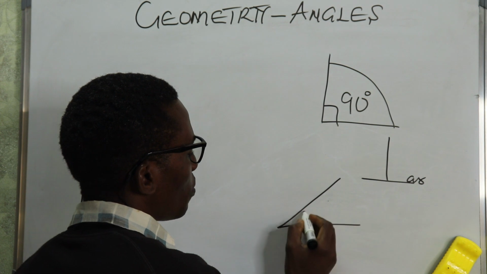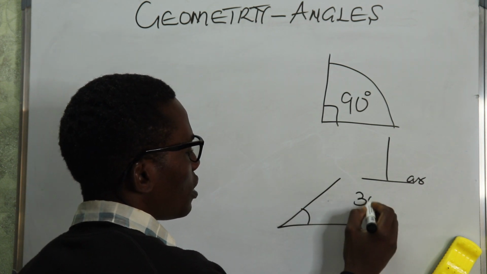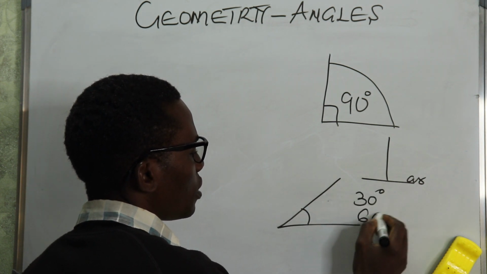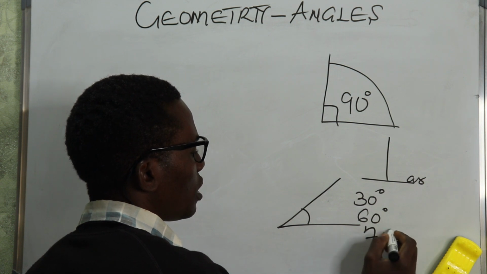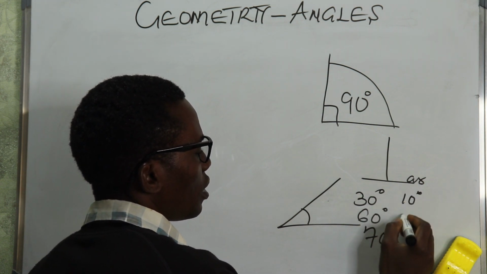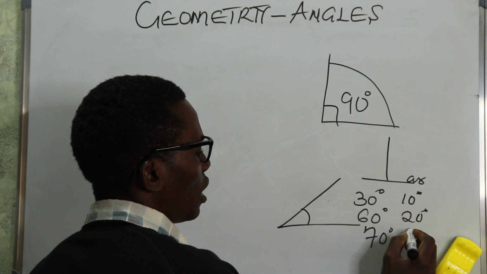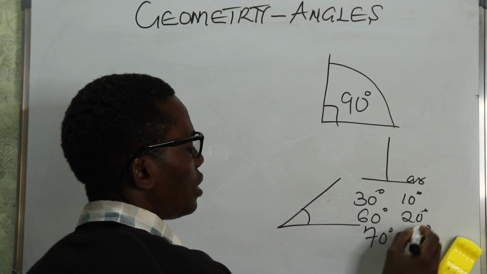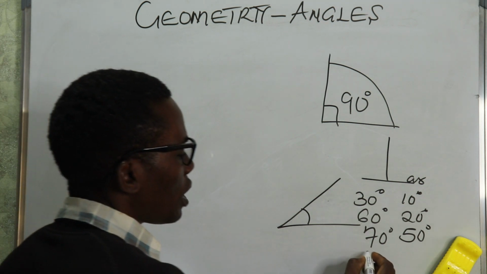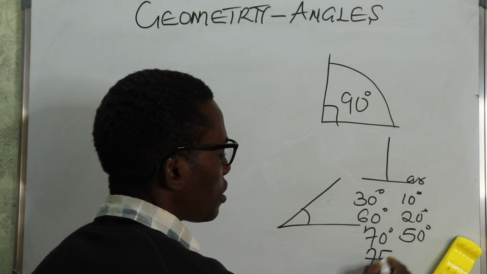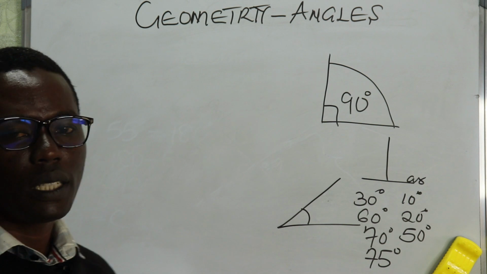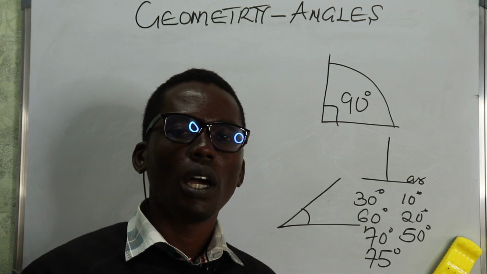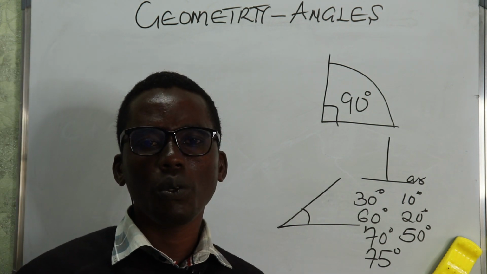Such angles can be angles like 30 degrees, 60 degrees, 70 degrees, 10 degrees, 20 degrees. We can also have 50 degrees. All these are what? Angles that are less than 90. They are called acute angles.